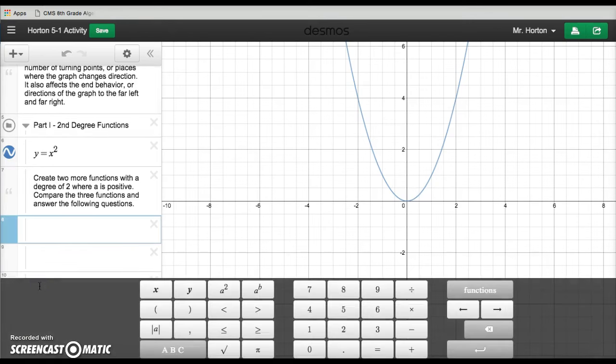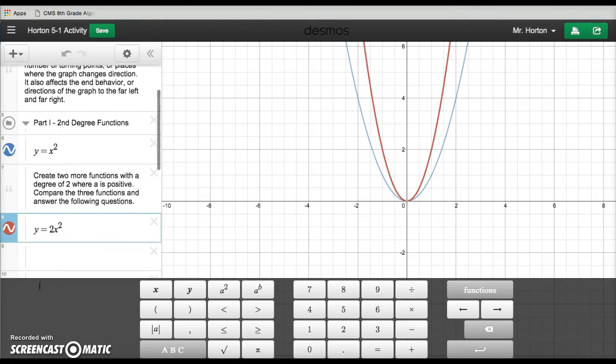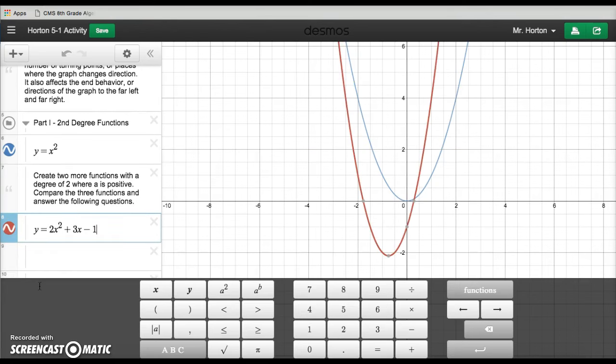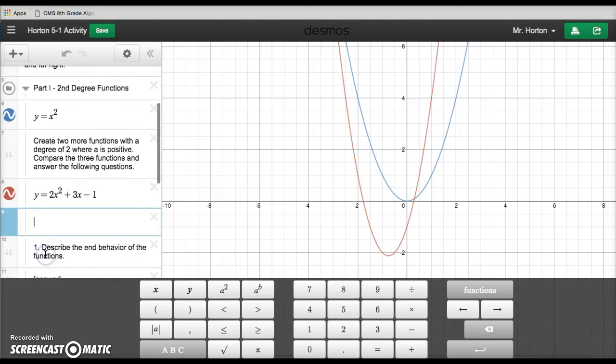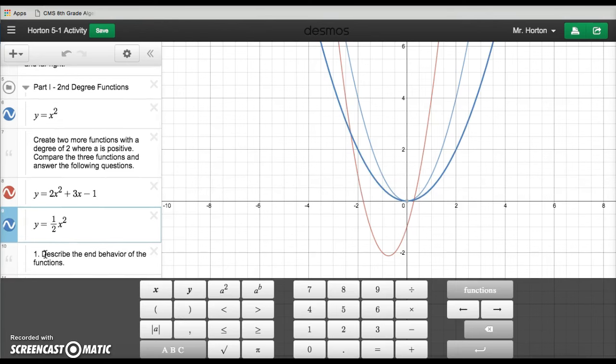So I'm just going to make up any quadratic function. So y equals, I know, 2x squared plus 3x minus 1. Okay, so that's another one. And I can create one that is y equals 1/2 x squared plus 2.